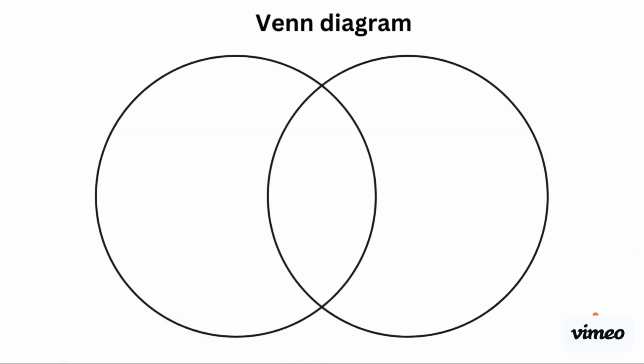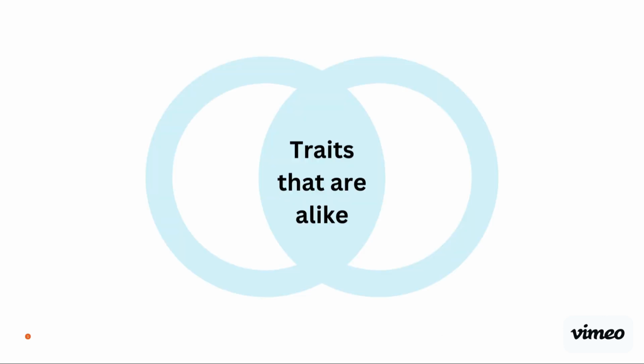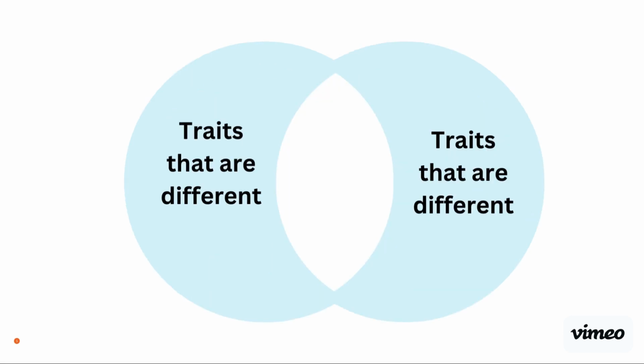This is a graphic organizer called a Venn diagram that you can use to compare and contrast. A Venn diagram is really just two circles, and in the middle where they overlap is where you put the traits that are alike. On each side of the middle where it overlaps, you will put the traits that are different.